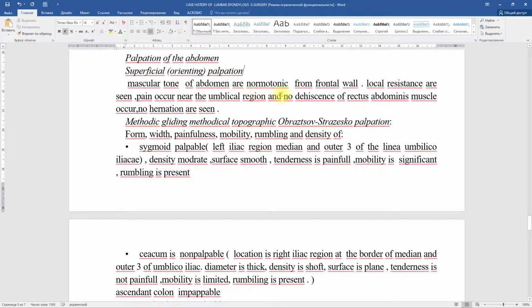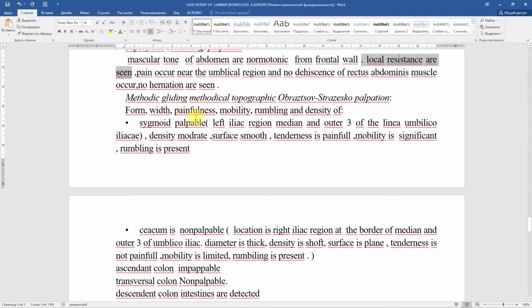Palpation. Local resistance. Do you mean the muscular defense here, or some resistance of unknown origin? You had to point it out in here, but that's not principle.